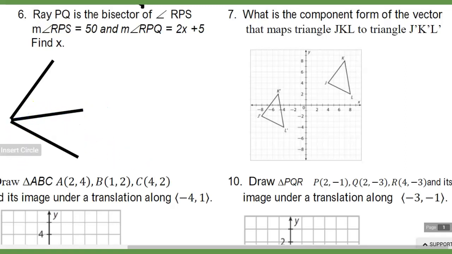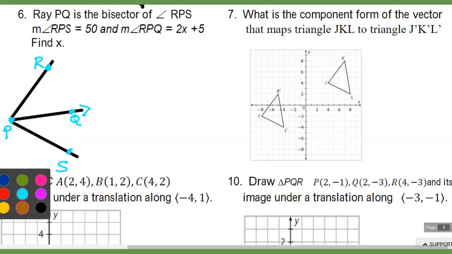Bisector means splits in half evenly, right? We can label these. It says ray PQ is a bisector of RPS, so this must be R, P, then S.